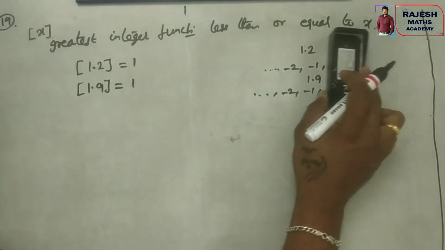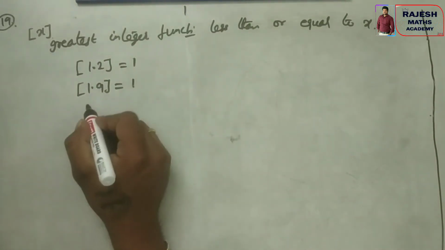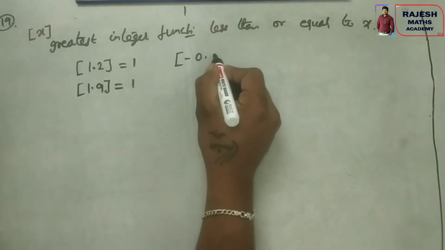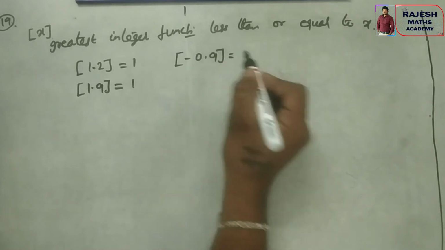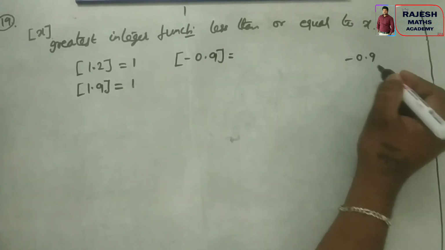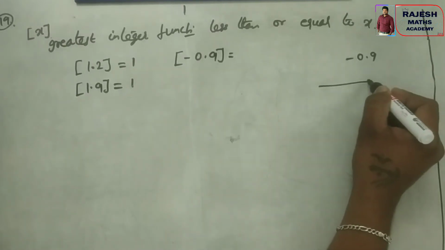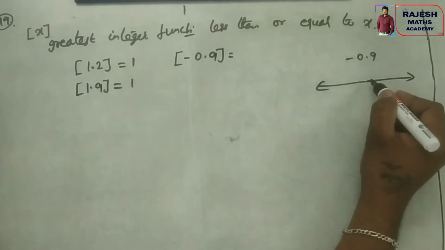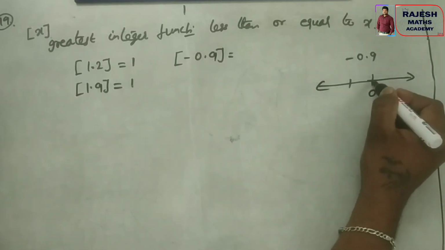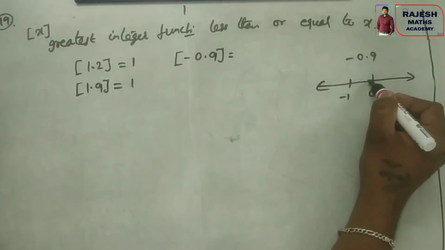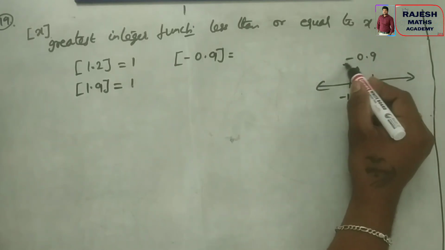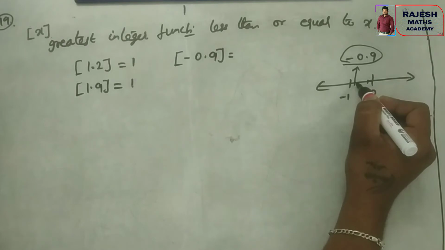What about negative numbers? For example, the greatest integer of minus 0.9.